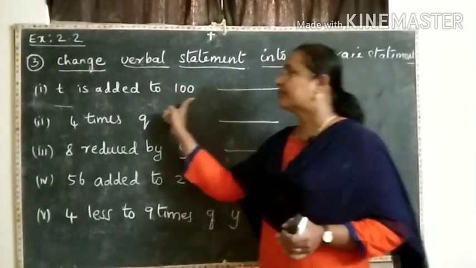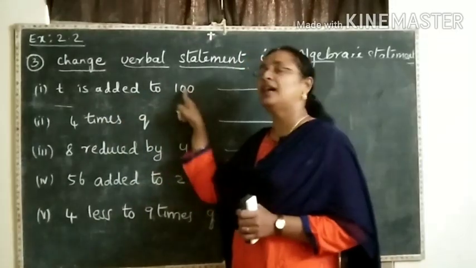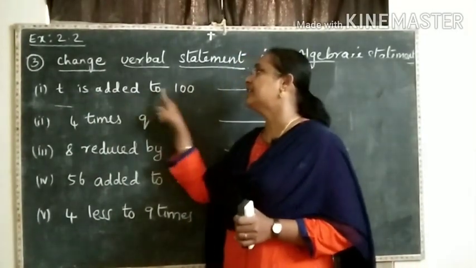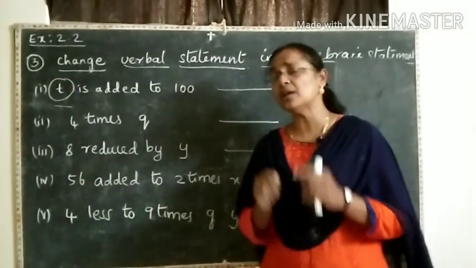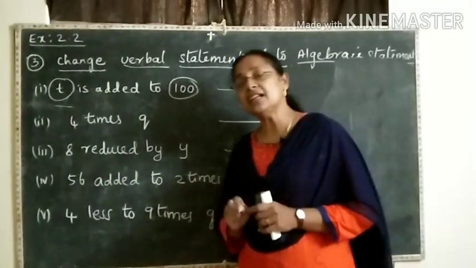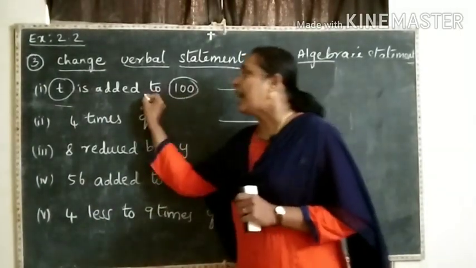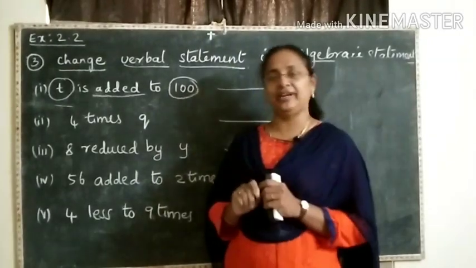Okay. Now first read the sentence. T is added to 100. Now what is t here? It is a variable. Very good. What is 100 here? It is a constant. Now added, what is this? This is the arithmetic operation.